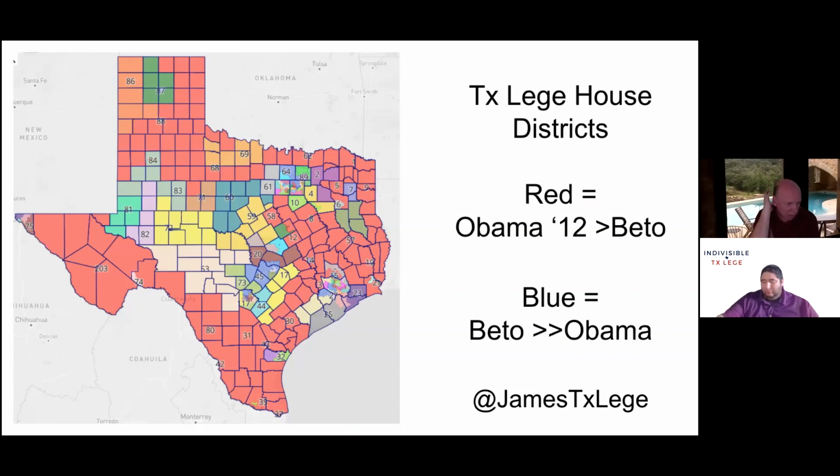is that in midterms, we usually see fewer minority voters, partly because minority voters, especially Hispanic voters, tend to be very young, and there are just fewer young voters in midterms.